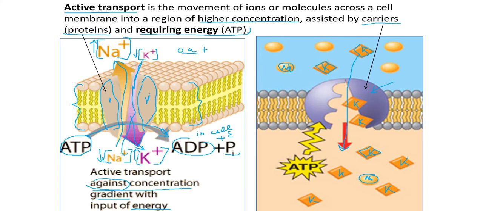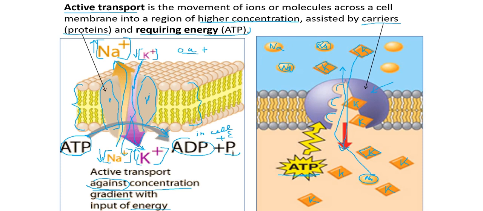inside of the cell, but the sodium-potassium pump has the ability to attach sodium and, after it changes conformation, move it outside of the cell against the concentration gradient. There's already a lot of sodium out here, but sodium will move out.